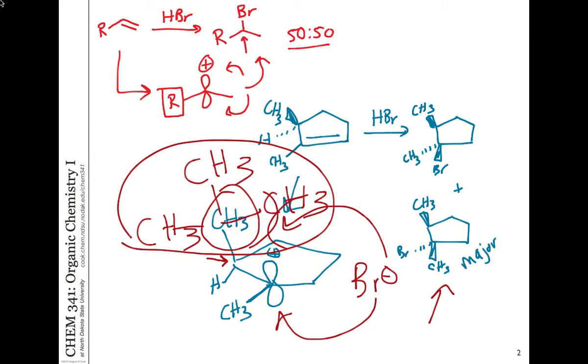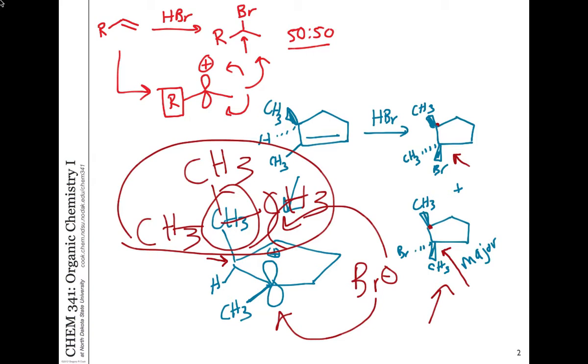One stereocenter stays the same, the one that was originally there. The only difference is the configuration of the second stereocenter. They're not mirror images, they're diastereomers. So in the generation of a new stereocenter, the original stereocenter that's in the molecule is influencing that. This is a diastereoselective reaction.